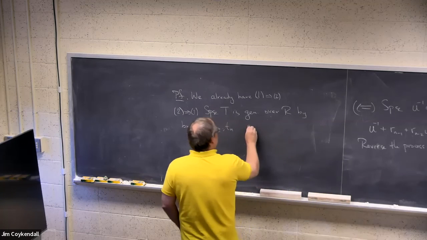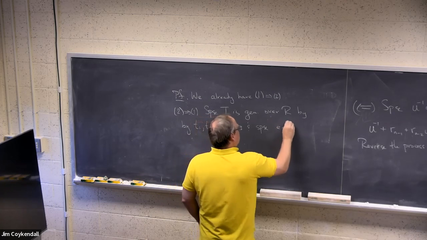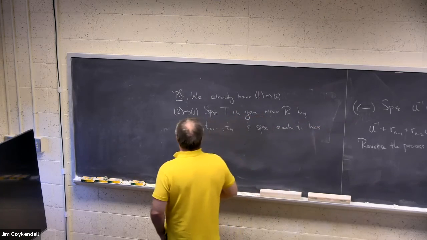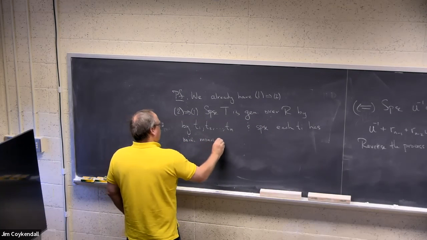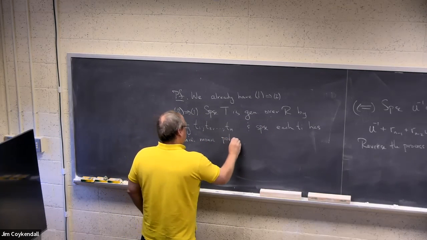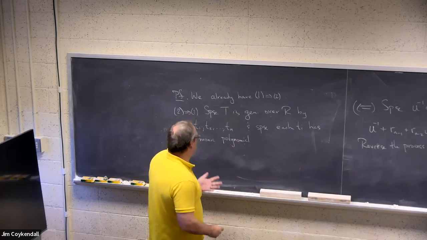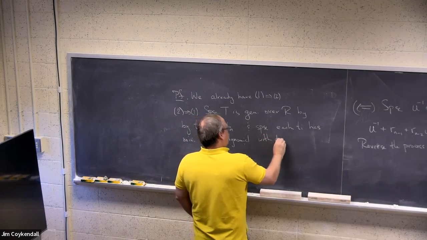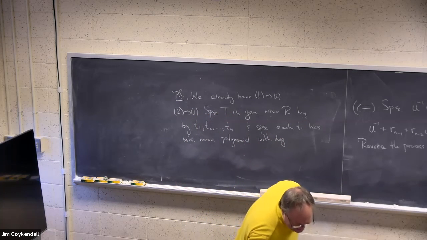And suppose each Ti has a minimal monic polynomial, and by minimal, I just mean minimal degree, just find anything of minimal degree, with degree, we'll call it Ni.